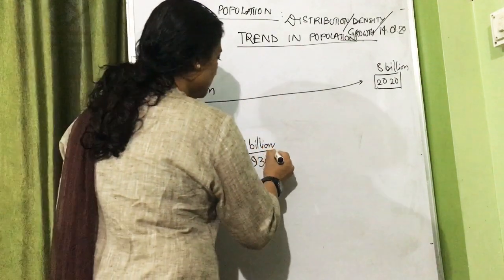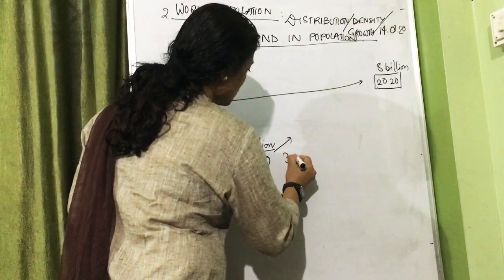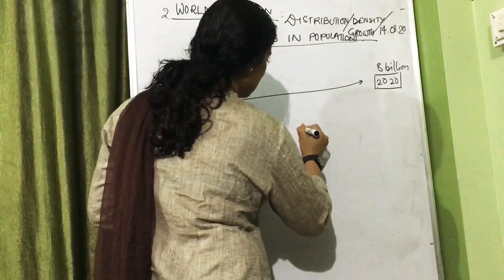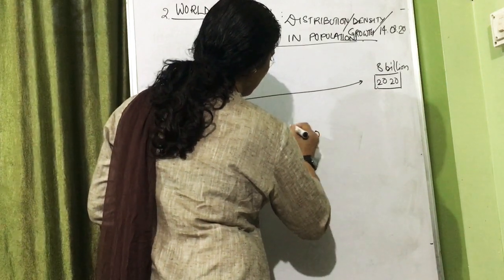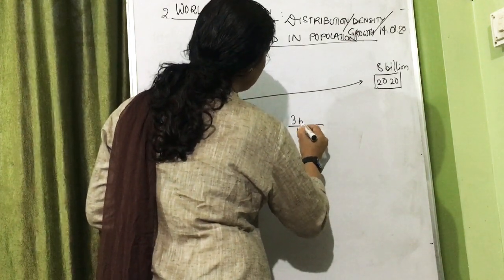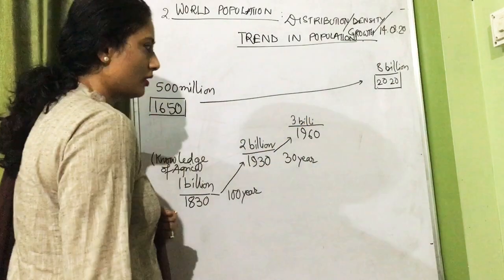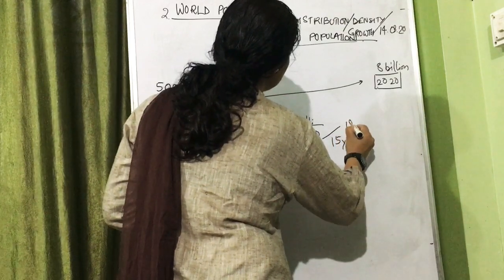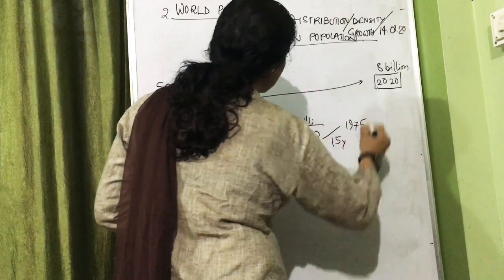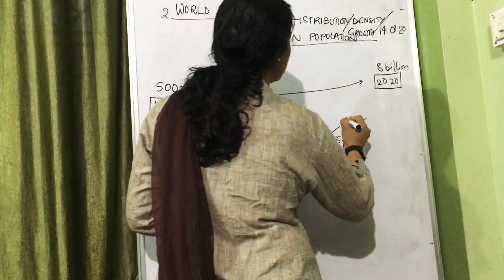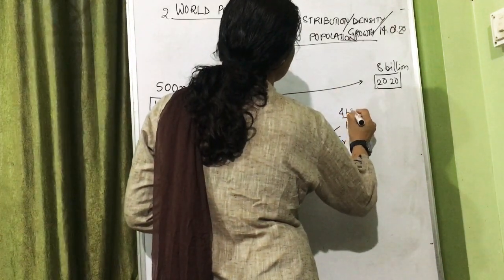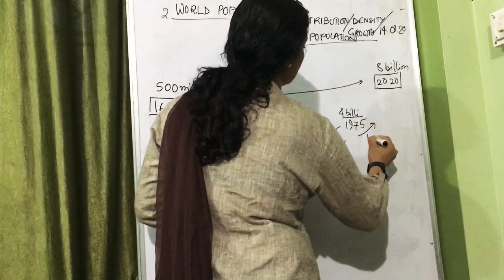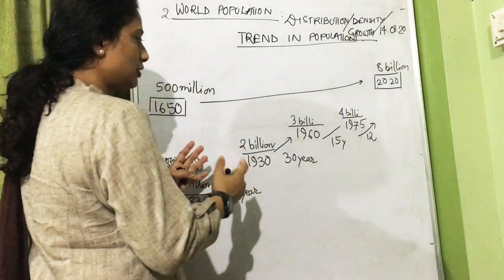From 1930, just after 30 years, we find that in 1960 the population reached 3 billion. Then after 15 years, in 1975, population reached 4 billion. After 12 years, you can see how the population is doubling.